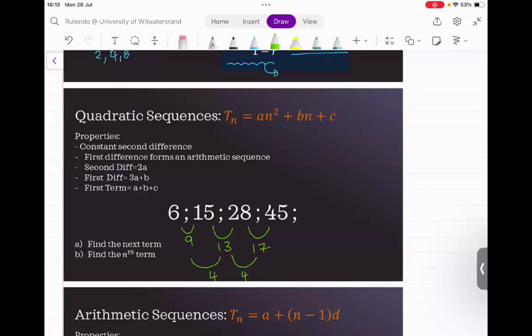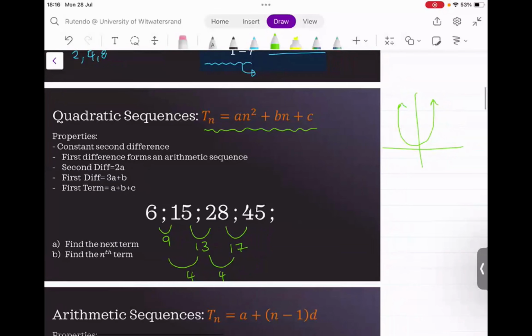And so the general term for a quadratic sequence is Tn equals an squared plus bn plus c. You've probably seen this in parabolas, right? A parabola has this kind of formula, and there is a way to relate them, but we won't go into that today. But this is the formula for a parabola, so it's kind of like, okay, I know I'm working with a quadratic sequence. And so for quadratic sequences, we have a set of steps that we follow.